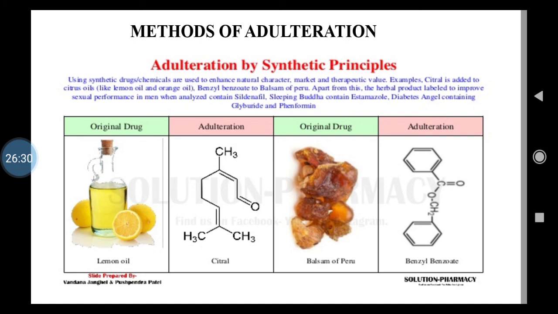The other example is balsam of Peru, where benzyl benzoate is mixed into the original drug. Then camphor oil and eucalyptus oil can be mixed in rosemary oil. So many synthetic chemicals are used and added to the original drug.